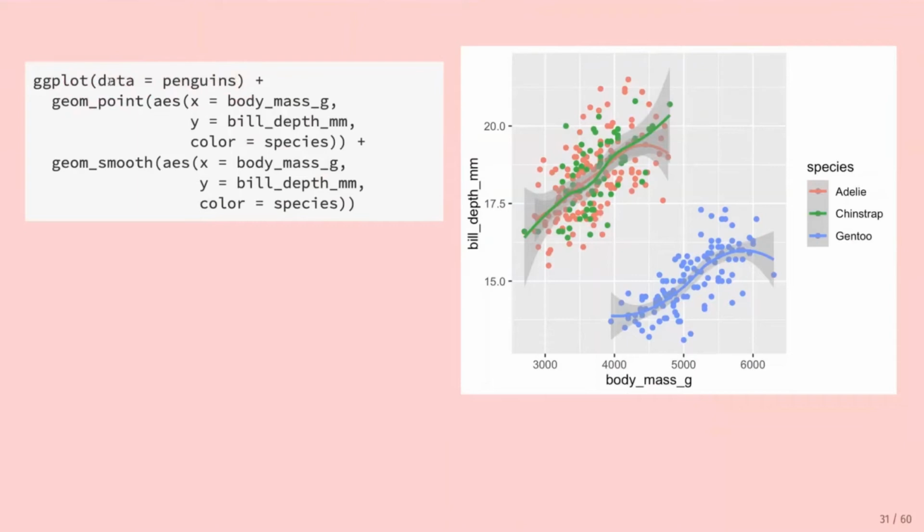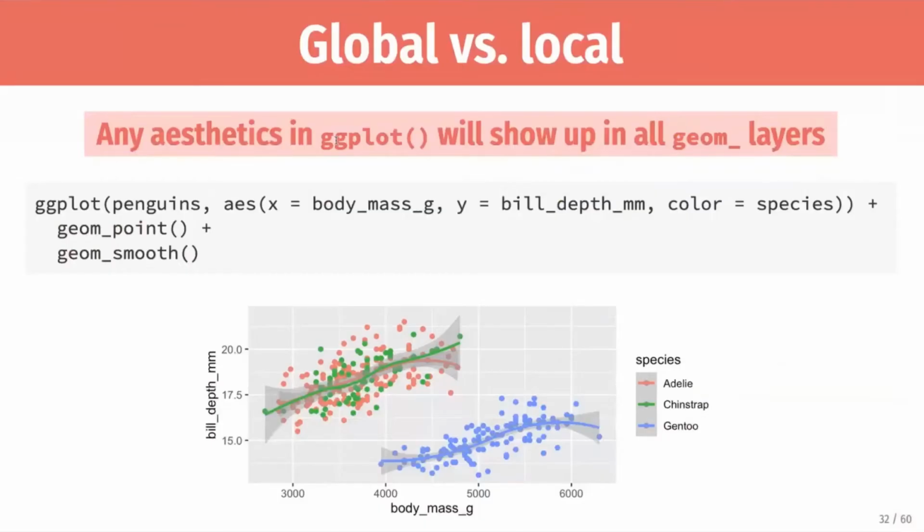And in real life, when I do this, I don't say data equals and mapping equals just because that's extra typing. And saving typing is good because it reduces the chance of typos, which is what we want to do here too. So we could alternatively do something like this to get that same plot. Where if you notice here, rather than setting the mapping of the different aesthetics in these individual geom layers, we don't have to do that.